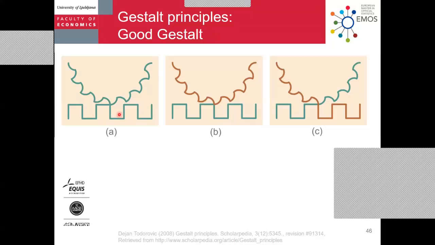Okay, yes, somebody says, I have actually seen C. Yes. Okay, so we have to be careful, okay? We have to test if this is really an example of a good gestalt, a good form, or is it just, you know, we imagined that it was a good gestalt.